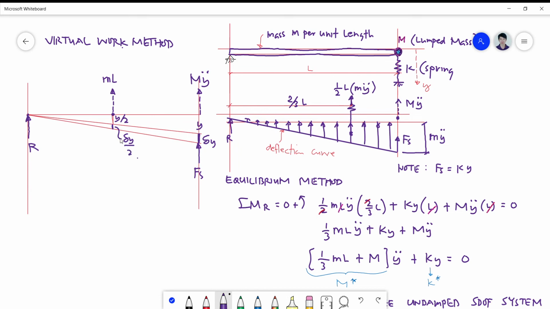So this is now ML concentrated here multiplied by y double dot over 2. And of course, since this is rotating in a certain manner, this will constitute a rotational inertia equivalent to I times alpha.